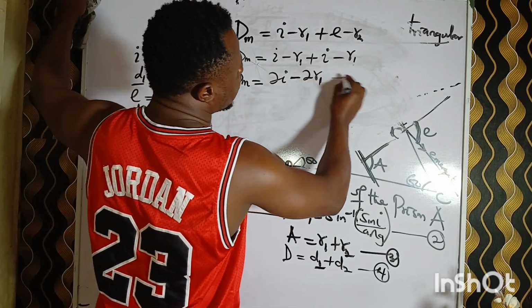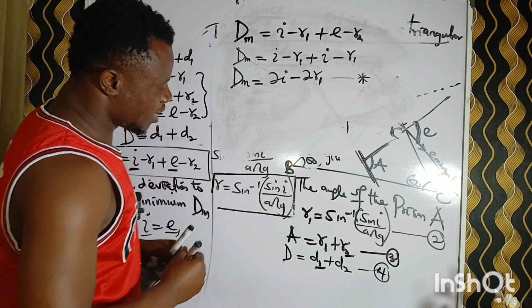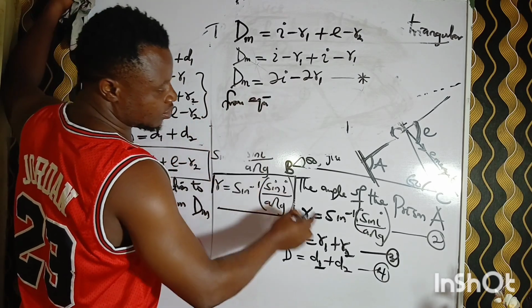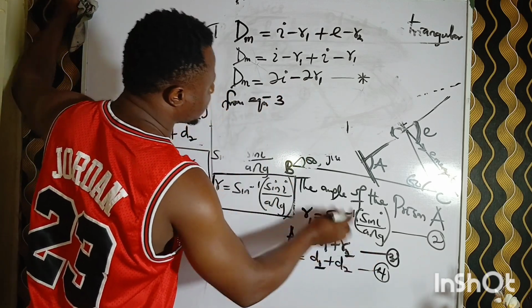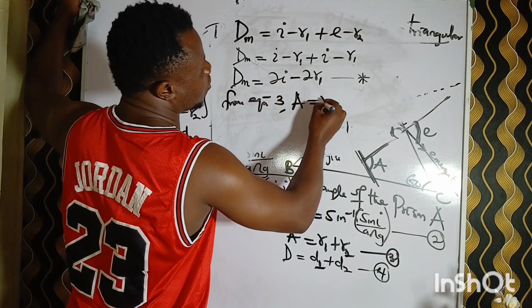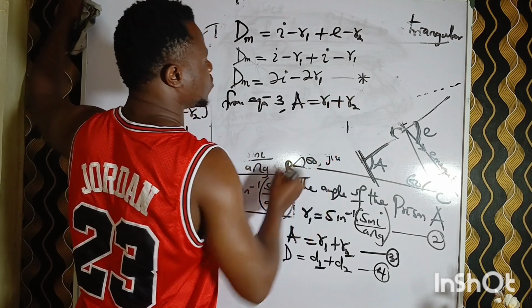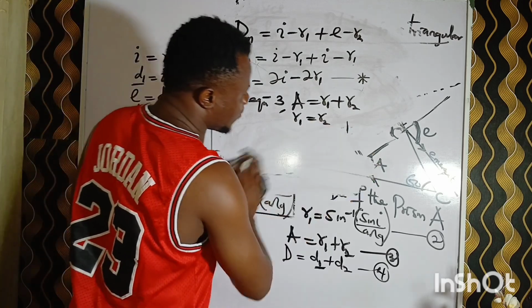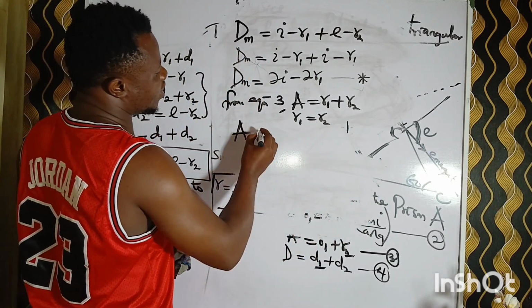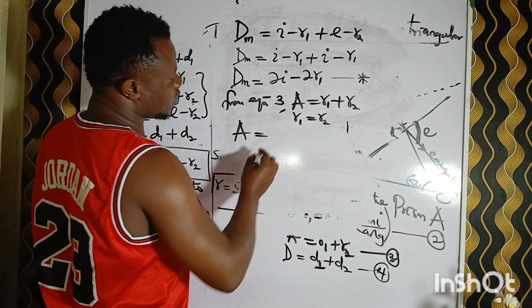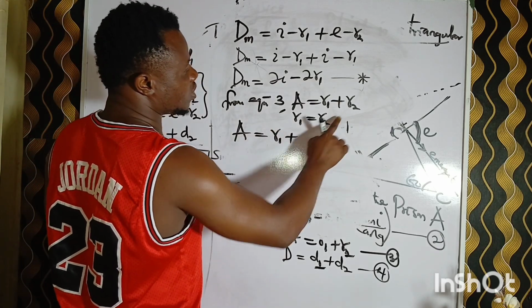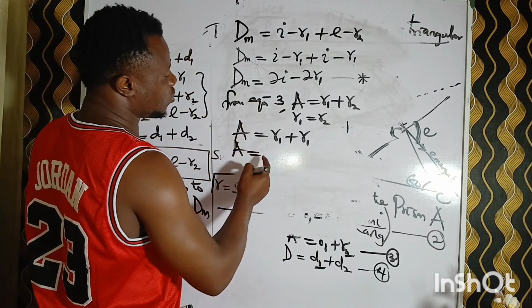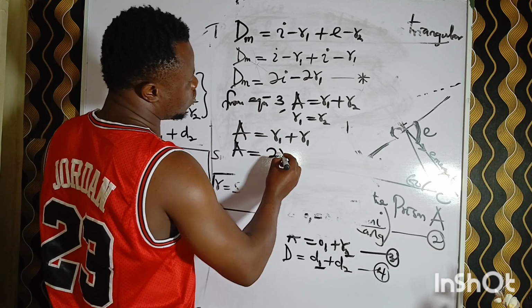Now, this equation here can also be modified from equation 3, where we have A is equal to R1 plus R2. But we say that R1 is equal to R2. So the angle of the prism A is equal to R1 plus R1, which is 2R1.